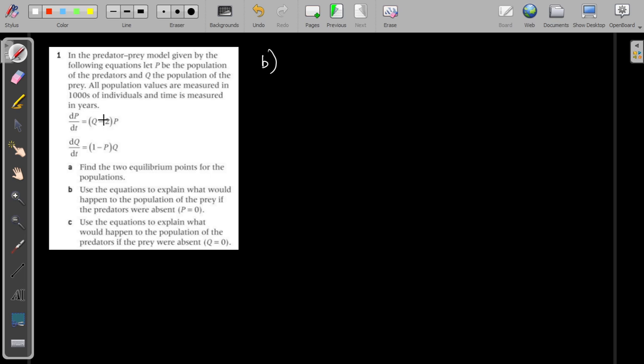From the first one, P is 0, so the derivative will be 0. From the second one, I will get dQ over dt equal to (1 minus P) times Q, which with P equal to 0 is just Q.